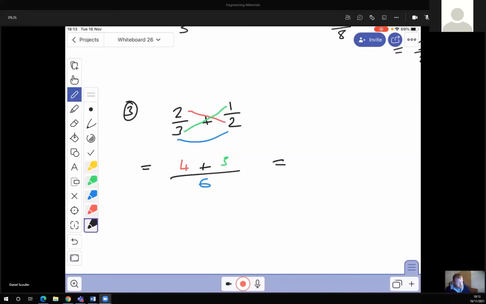That's also the same if we wrote it out as 4 over 6 plus 3 over 6. Now the denominator is the same, we can pull that together. That's the same way of writing it, so don't worry about that. Going through that then, that'll give us 7 over 6.